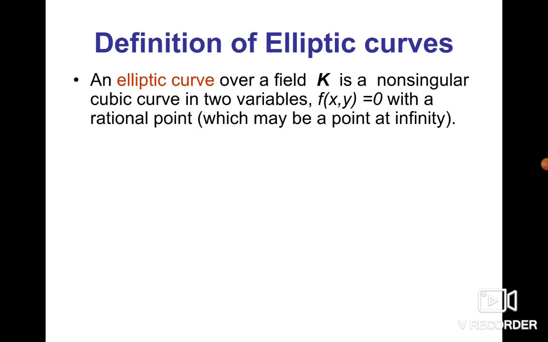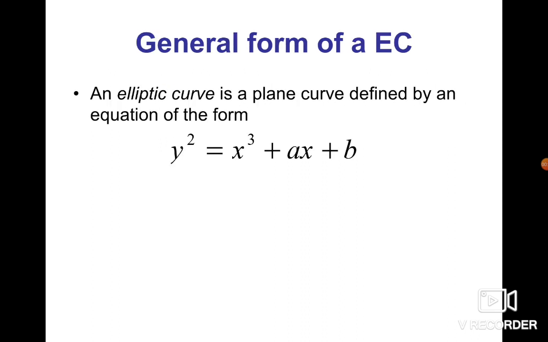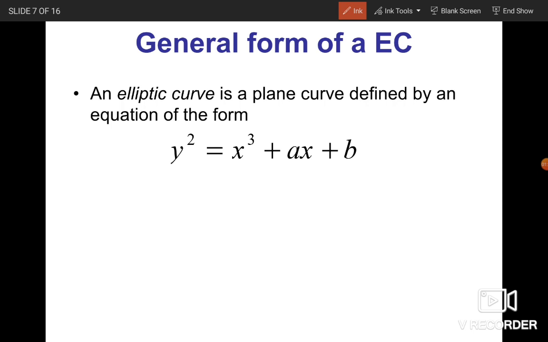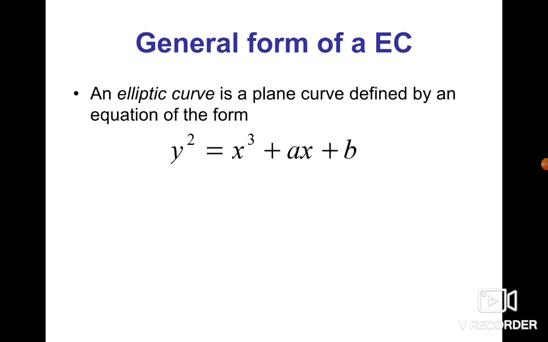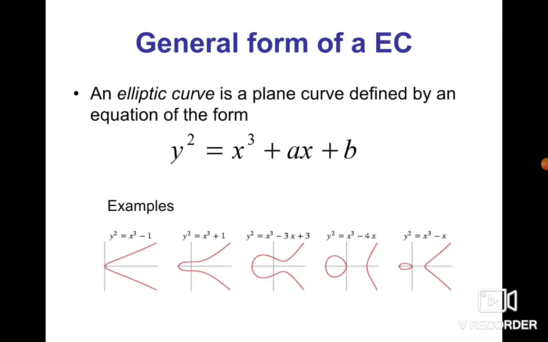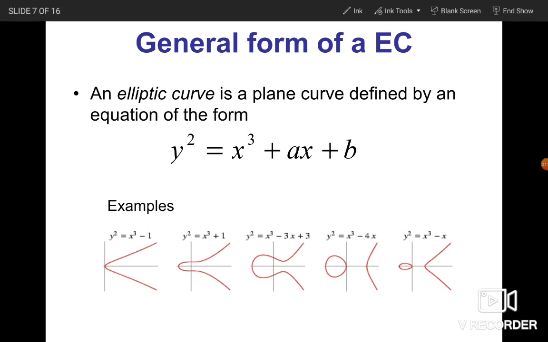The general form of an elliptic curve is defined by the equation y square equal to x cube plus ax plus b. And there are several examples of elliptic curves.